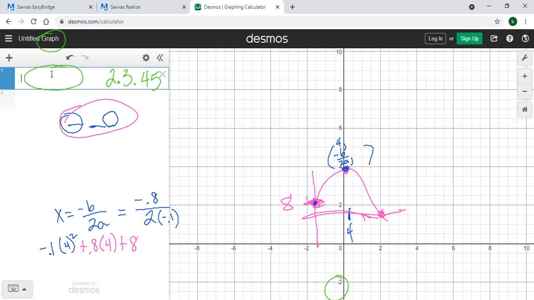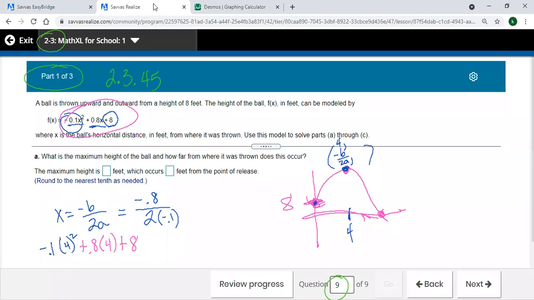So I'm going to put in the negative 0.1, the 4 squared, the plus 0.8 times the 4, and then there was a plus 8 after that. 9.6. All right. So 9.6.